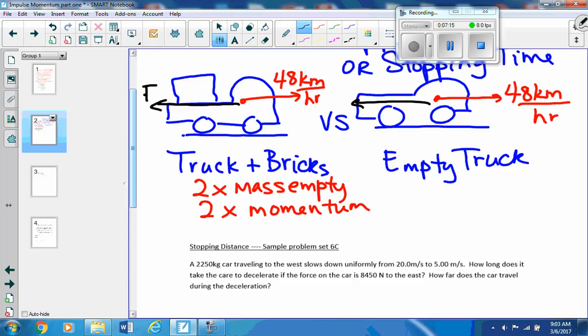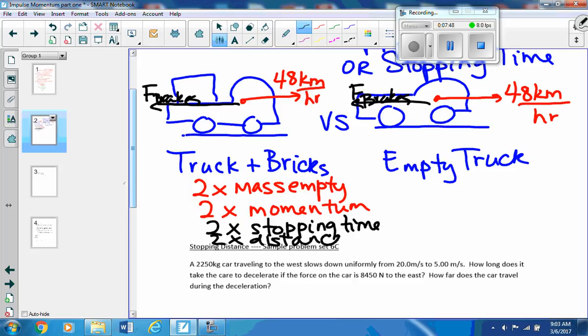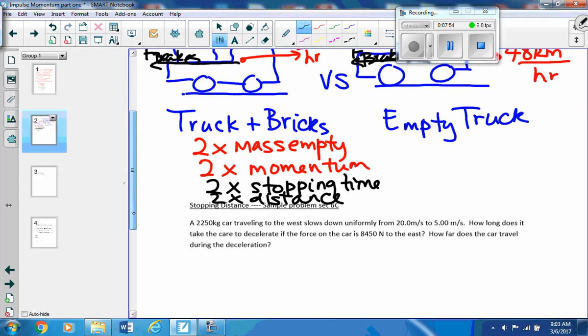This is the force of the brakes. What we notice is that it takes 2 times the stopping time and 2 times the distance for the one with bricks to stop.